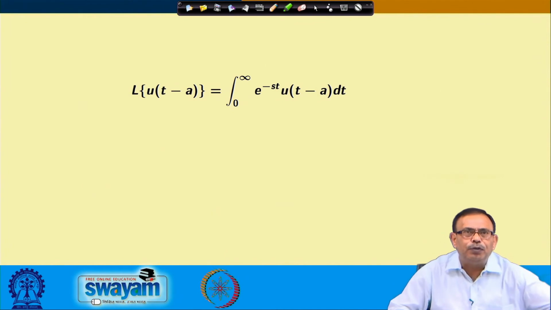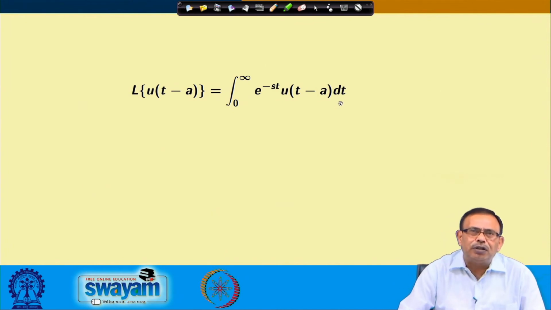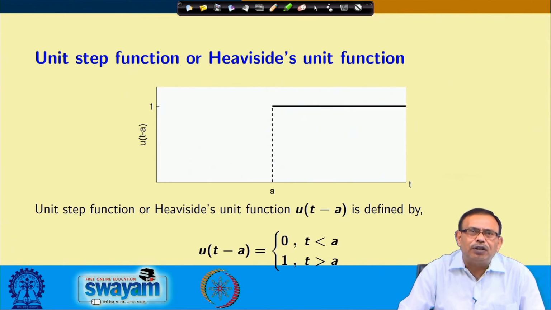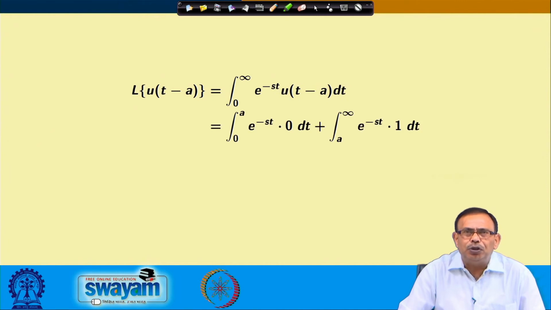The Laplace transform of u(t minus a) equals the integral from 0 to infinity of e to the power minus st times u(t minus a) dt. This I can break into two ranges, since the function is defined in two ranges: from 0 to a and from a to infinity. In 0 to a the value is 0, in a to infinity the value of the function is 1.